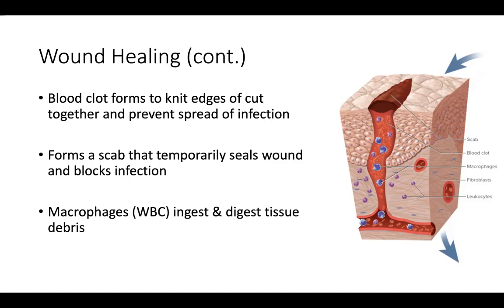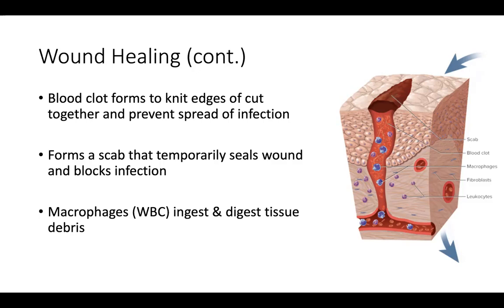Underneath all of that, there's all these specific type of white blood cells called macrophages. And I kind of imagine them, they're these little blue dots here, like little Pac-Men, going around basically digesting dead tissue and any other debris in the wound.